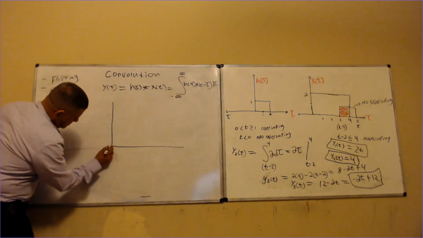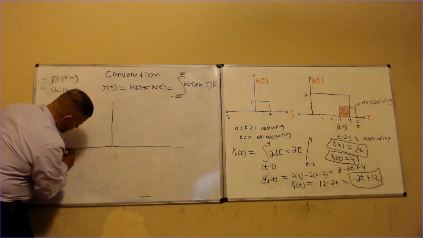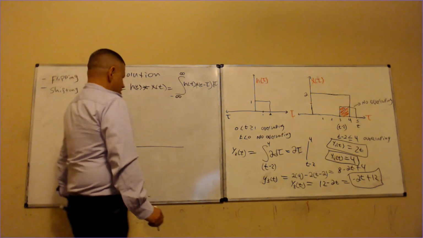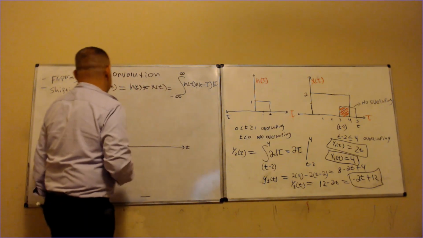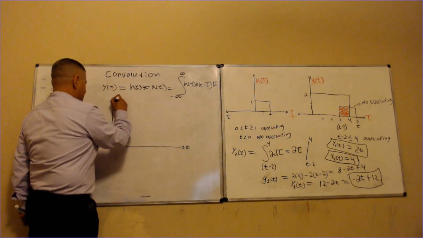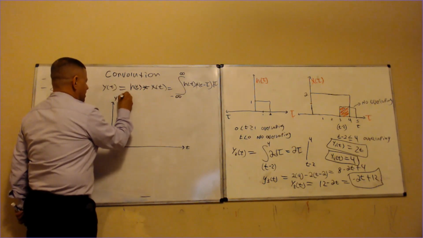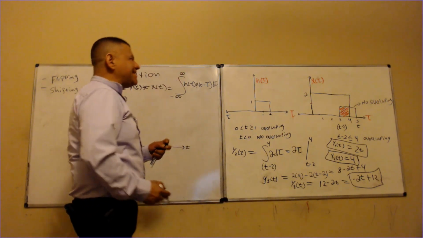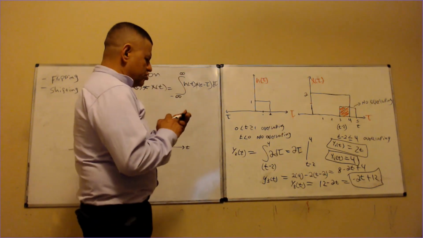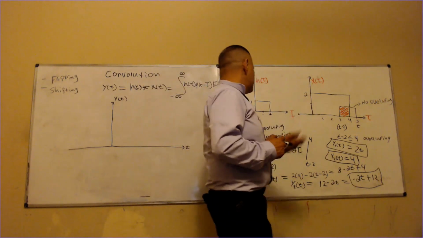So right here, so now that we graph that, it's going to be with respect to t, and this is going to be y of t, right? So we are going to plot the two convoluted signals of these two.